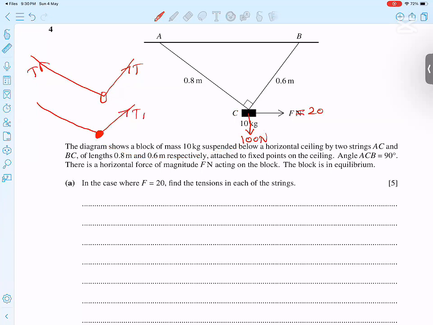So this is tension 1, this is tension 2. So they are different from each other, unless these two lengths are equal to each other. So let's go for the question. So it means, students, I can tell that this is tension 1. This I will count as tension number 2, or a change in direction, no problem.